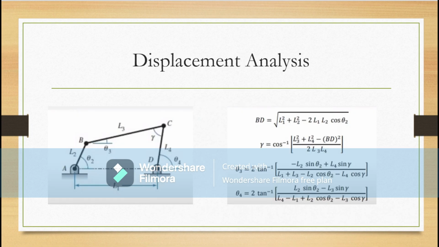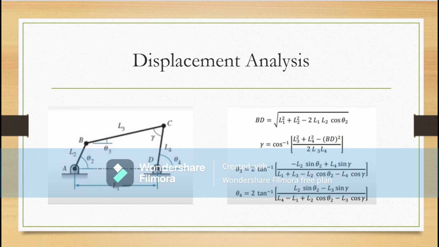Displacement analysis of 4-bar mechanisms involves determining the position of the links at any given time. This can be done using the Grashof theorem, which describes the condition for a 4-bar linkage to have unique and complete motion. The theorem states that in the 4-bar mechanism, the sum of the shortest and the longest link lengths should be less than or equal to the sum of the other 2 links for this linkage to have complete rotation.